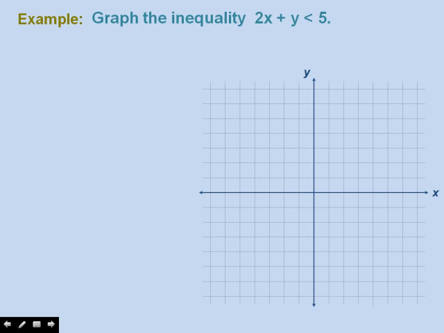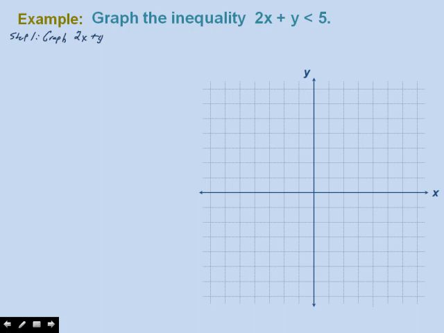Okay, let's look at another example now. We have the inequality 2x plus y is less than 5. Again, for step 1, we're going to graph the line that's related to our inequality.